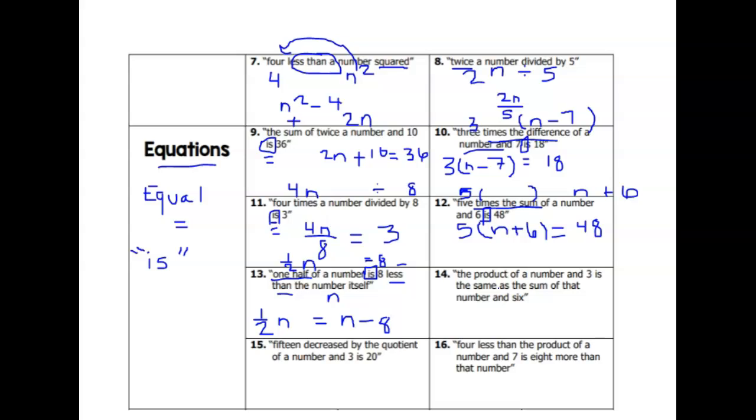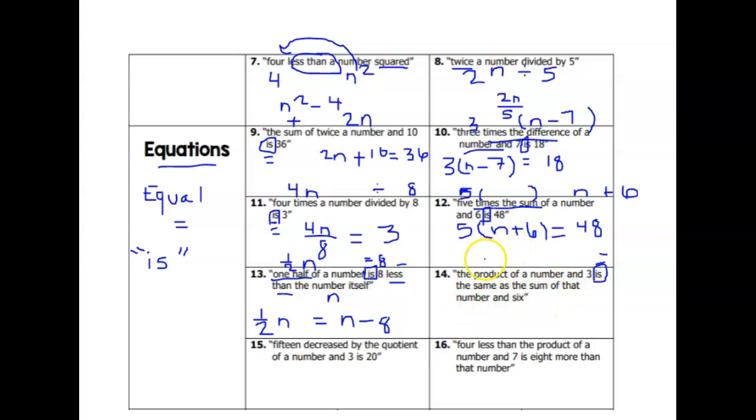Number 14. The product of a number and 3 is the same as... There it is. Is my equal statement. I know my equal statement is going here. Is the same as the sum of that number and 6.